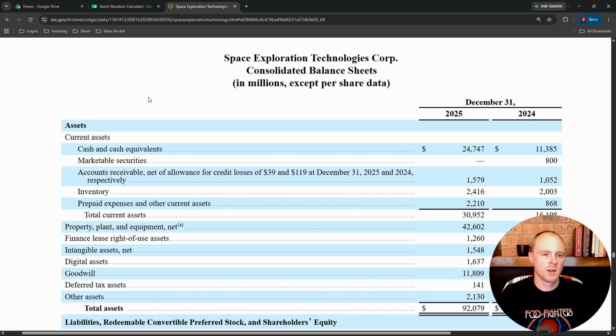Now, in this scenario, SpaceX is its own business entity in its own right, and it's now coming onto the public markets. It wants money so it can grow more quickly and invest into its next plans for development.